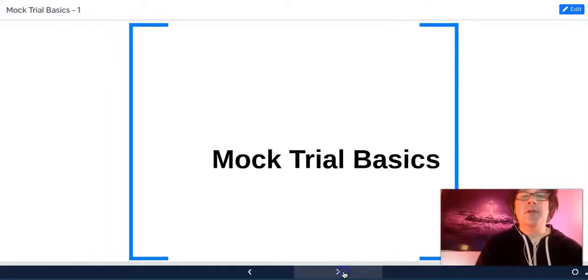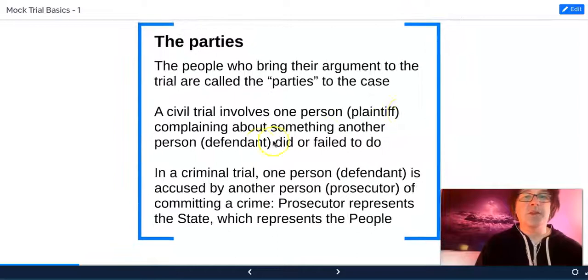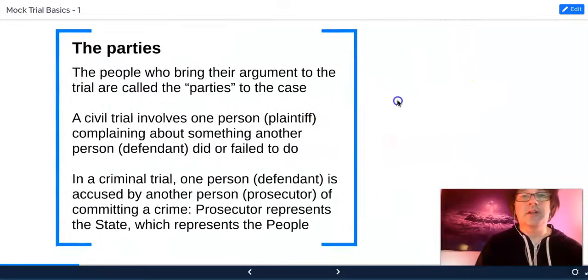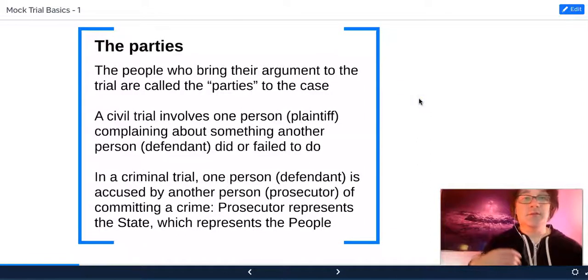Okay, so we'll start off with some basic definitions when we talk about the parties that are involved. The people who bring their argument to the trial are called the parties to the case. In a civil trial, this involves one person, the plaintiff, complaining about something another person, the defendant, did or failed to do.